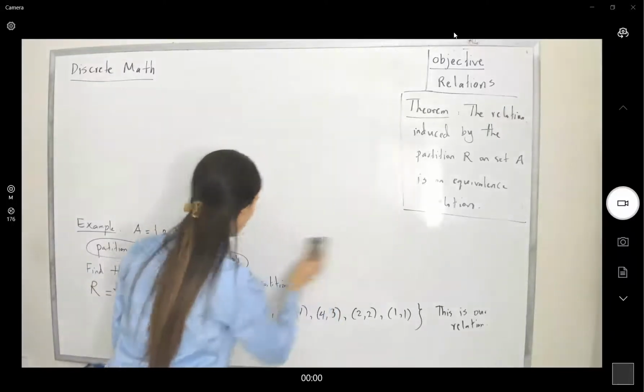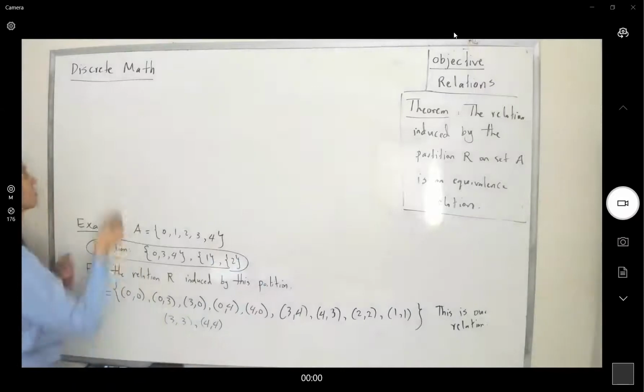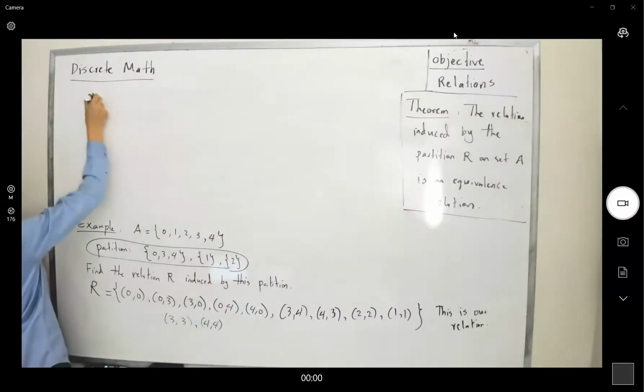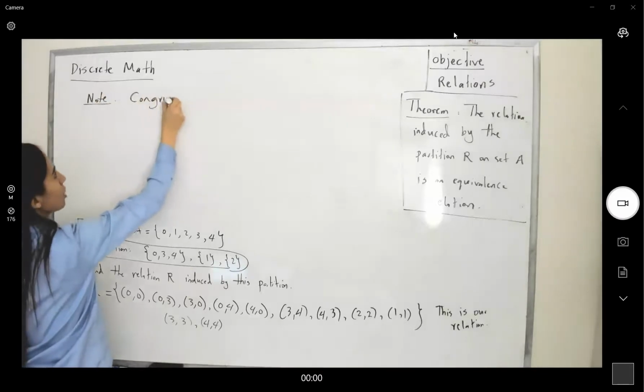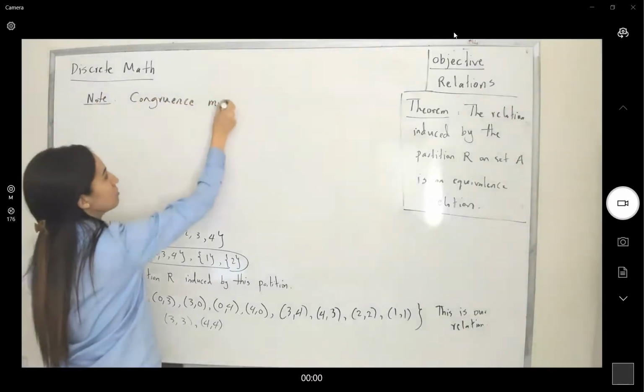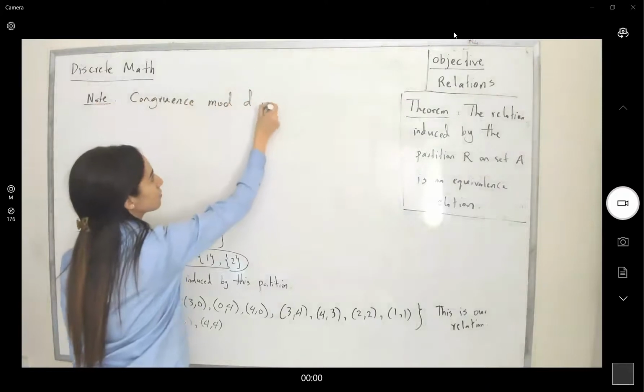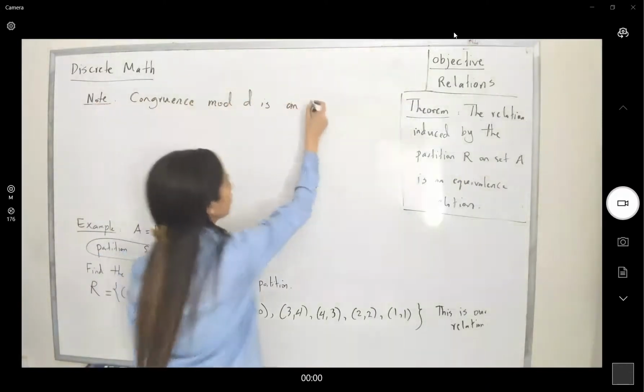There's a note for you. Note. Congruence mod D is an equivalence relation.